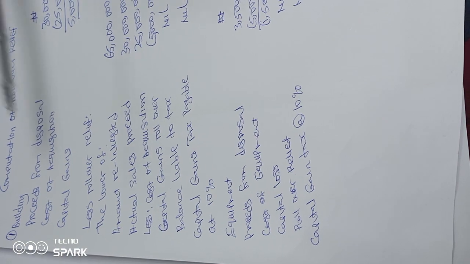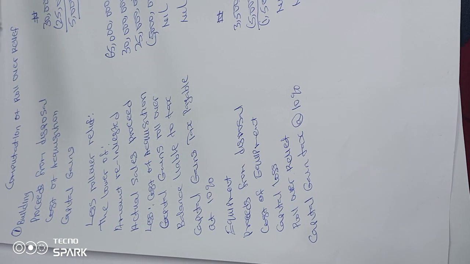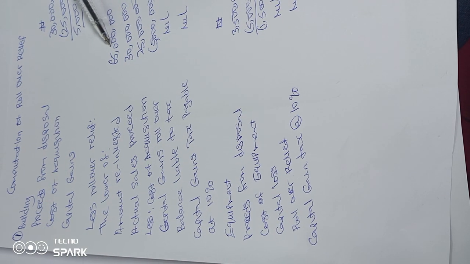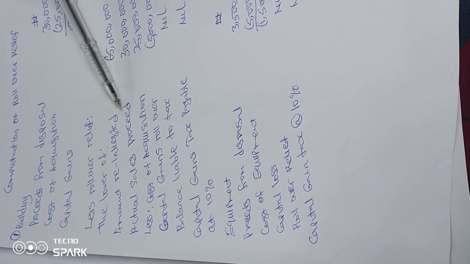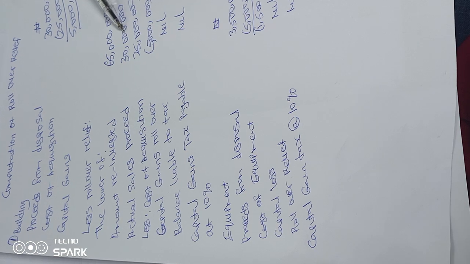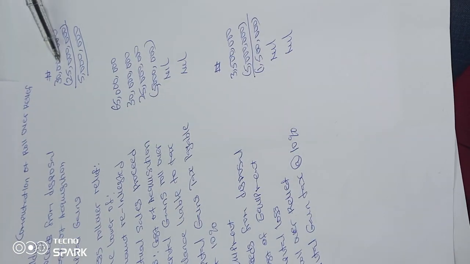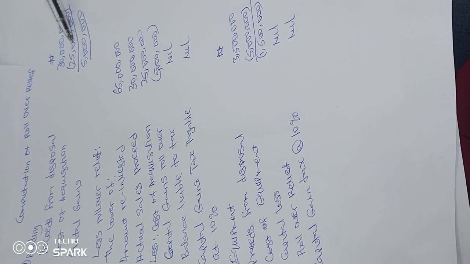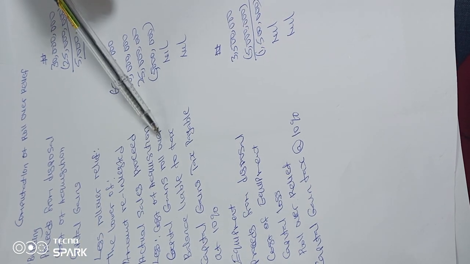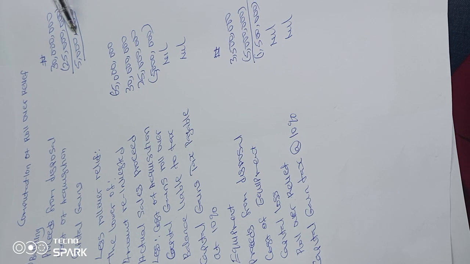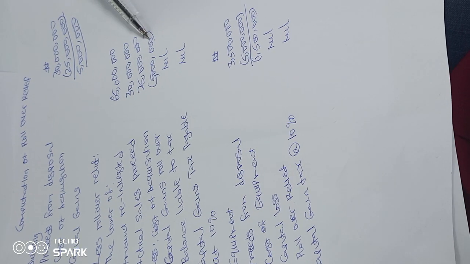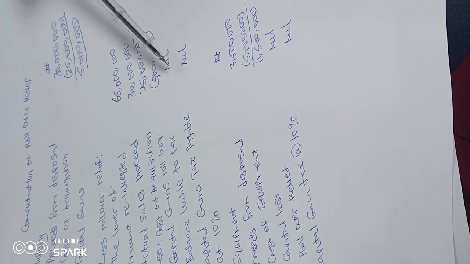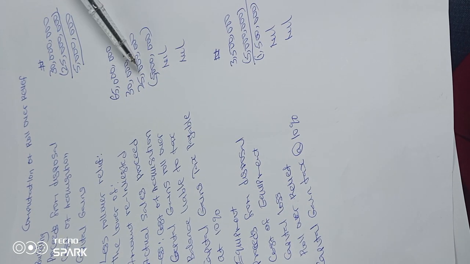When the building was sold, another building was bought. That reinvestment is 65 million. The proceeds are 30 million, the same as this, and the cost of acquisition is 25 million, the same as this. The capital gains rollover is this gain here. So the balance liable to tax is nil.